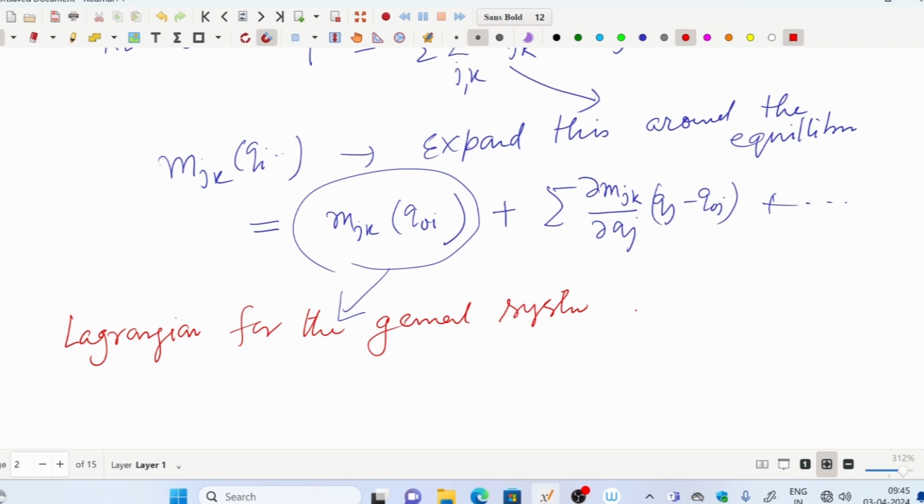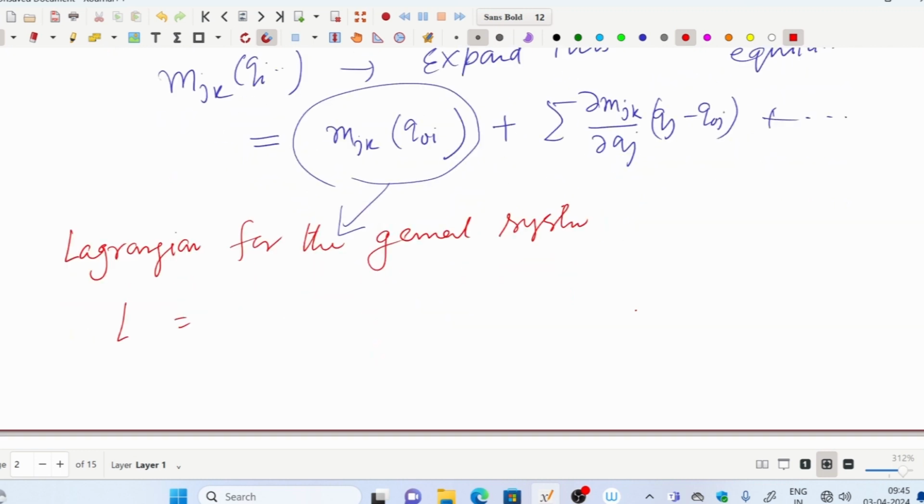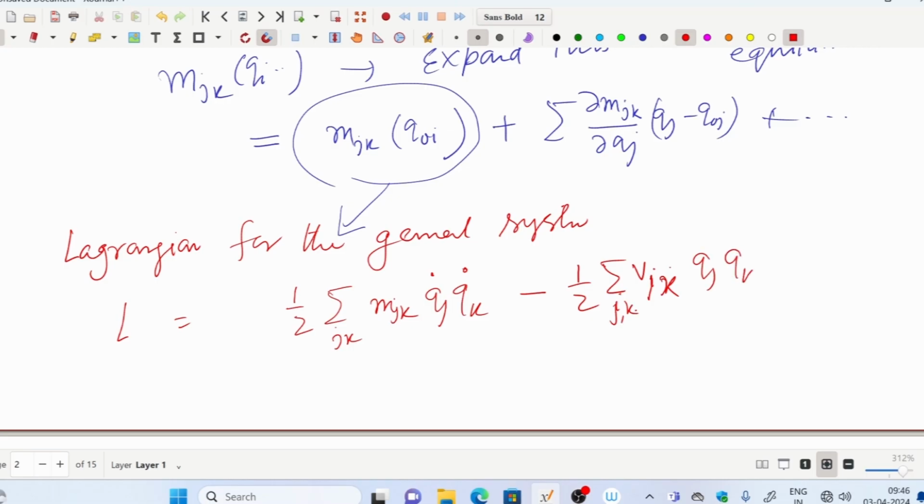L equals half sum over jk of mjk qj dot qk dot, where this is independent of coordinates now, and the potential we can write as half sum over Vjk qj qk.